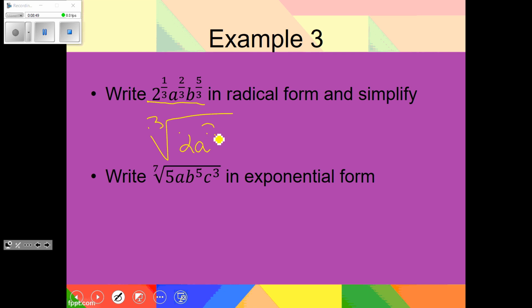A squared, b to the 5th. That would make a 2, b to the 5th. There we go. So the cube root of 2 to the 1st, a to the 2nd, b to the 5th. That's one way that you may see it written.